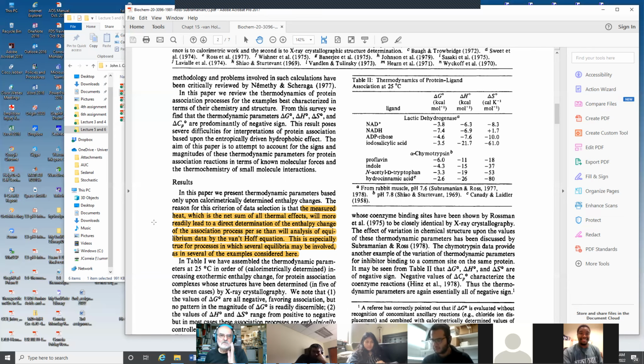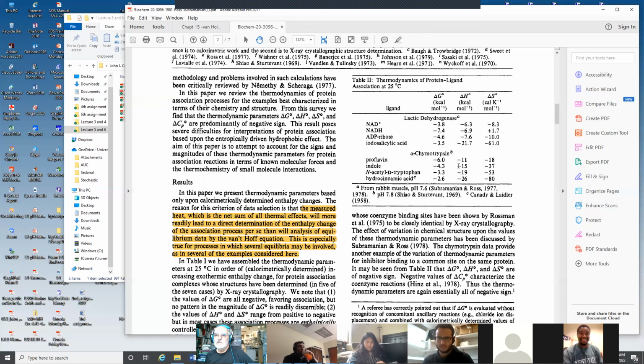And what they're asserting is that the Van't Hoff number gives you an answer, but it usually misses some of the details. It doesn't really do a good job for complicated equilibria or complicated processes. The calorimetric process will do a much better job. All of the data shown in this paper is calorimetric. So if there are multiple things going on, the calorimetric data is more believable.